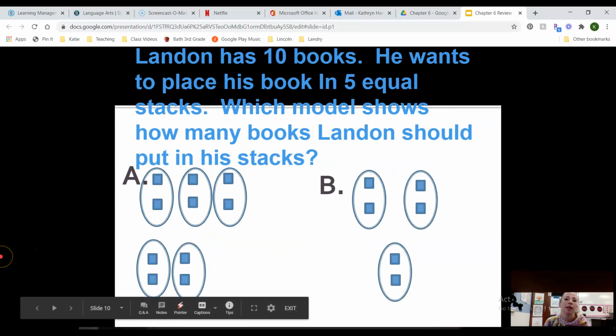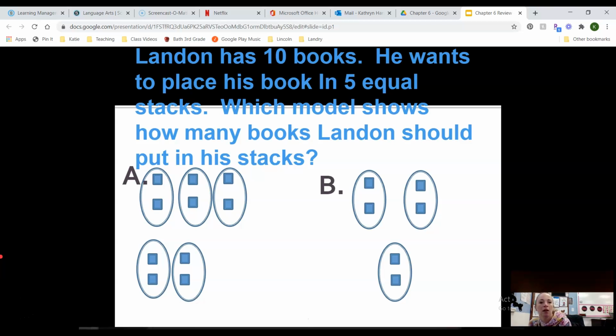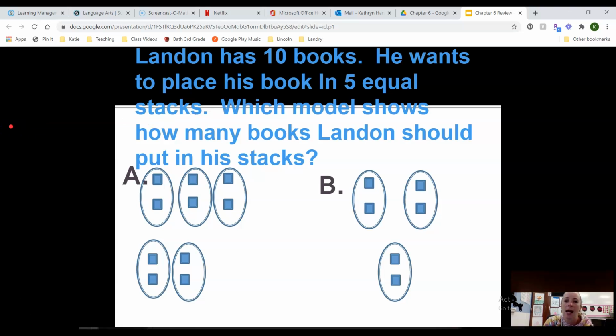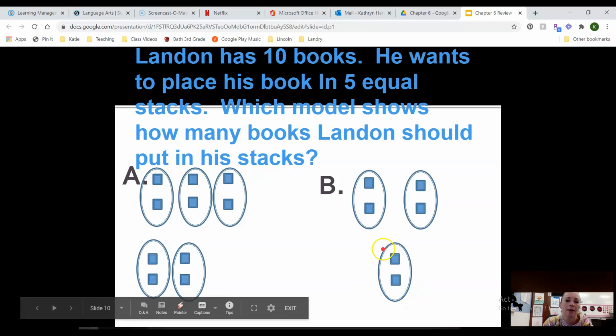All right. Landon has 10 books. He wants to place his books in 5 equal stacks. Which model shows how many books Landon should put in his stacks? So I have a 10 and a 5. 5 equal stacks. Well, which one of these pictures has 5 equal stacks? A or B? Well, this one only has 3 equal stacks.